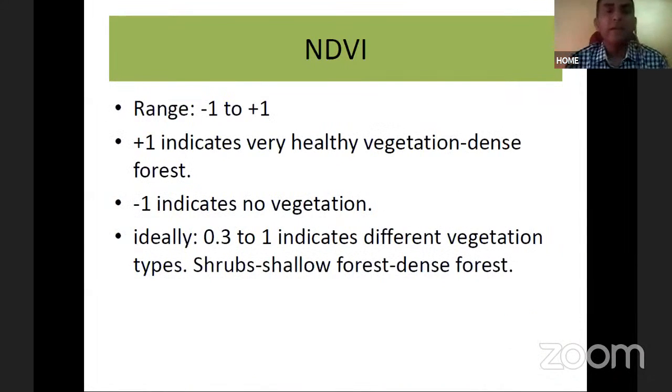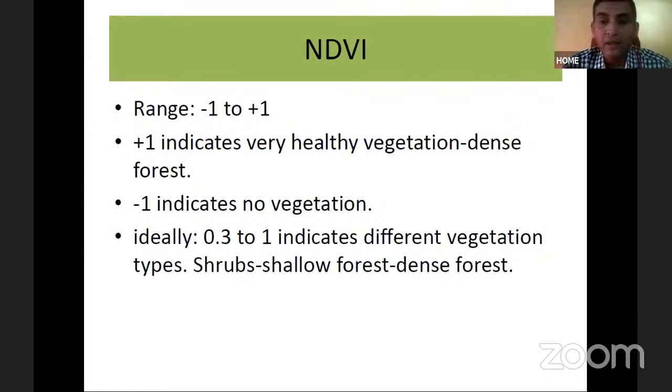So as I said, the values for any kind of index will range between -1 and +1. Values close to +1 indicate very healthy vegetation or dense forest. +1 values indicate very healthy vegetation, and -1 indicates no vegetation.